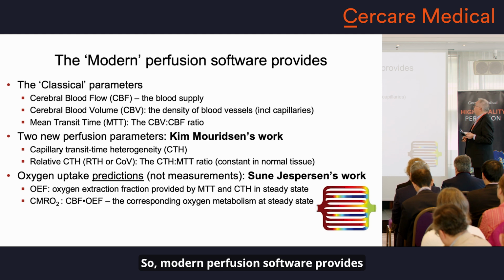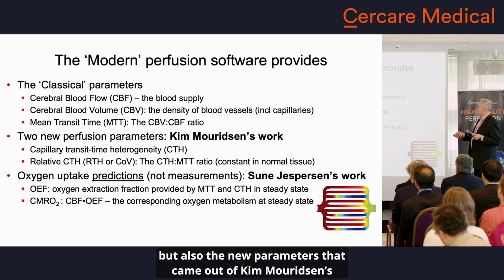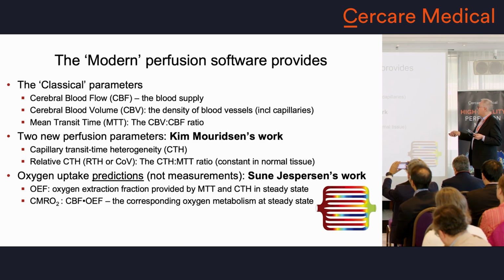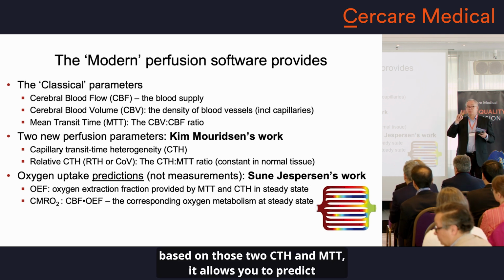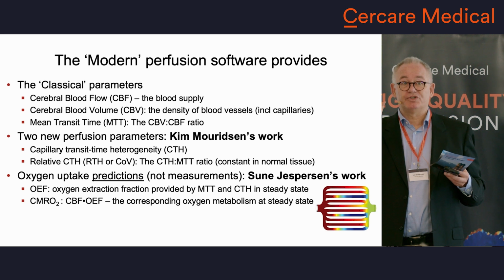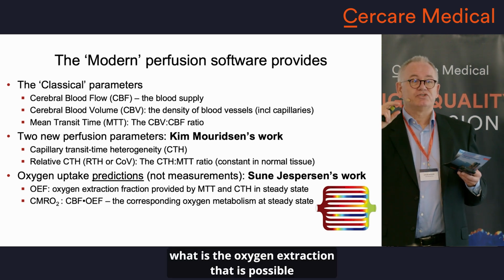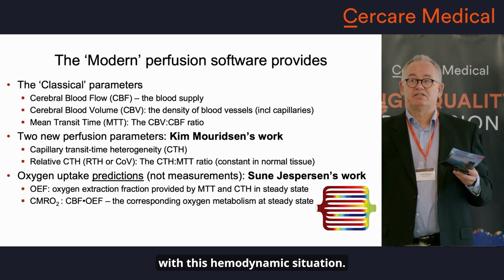So modern perfusion software provides the classical parameters I showed you in the very beginning, but also the new parameters that came out of Kim Morrison's work. And then finally, based on those two, CTH and MTT, it allows you to predict what oxygen extraction is possible with this hemodynamic situation.